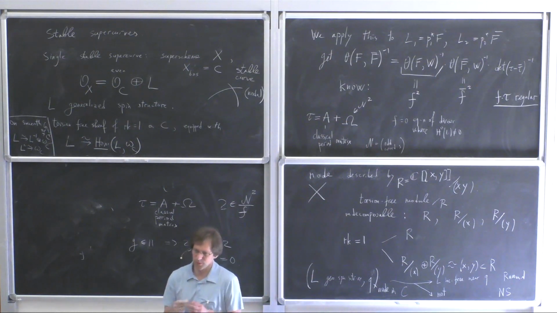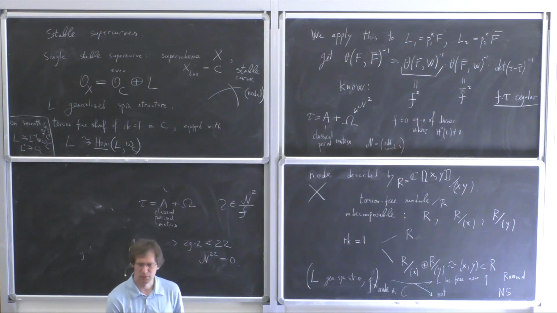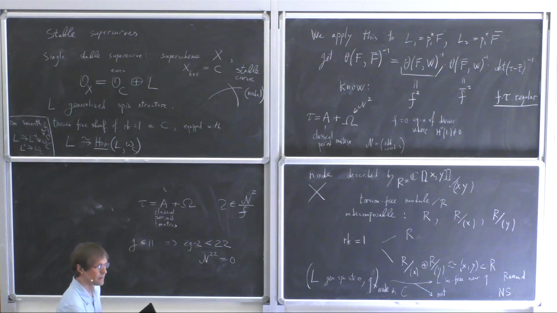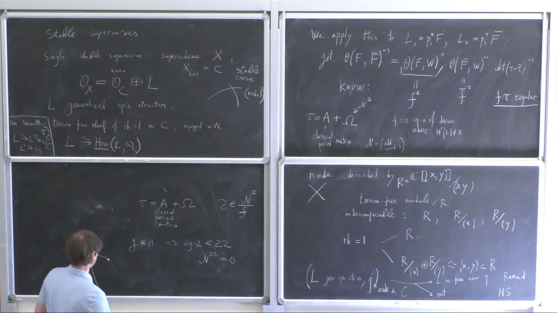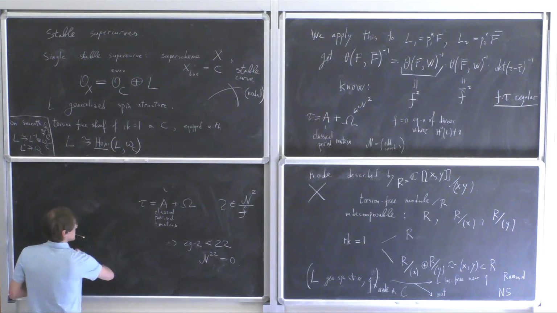If you glue two Ramond punctures, you will get a Ramond node. Yeah. If you identify two of the same type, you get the same type of node. You cannot identify punctures of different types, I don't think.